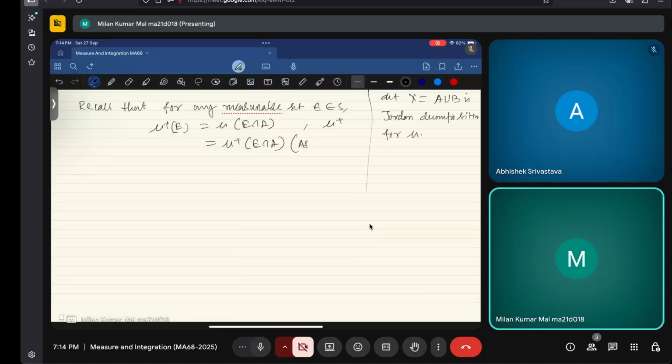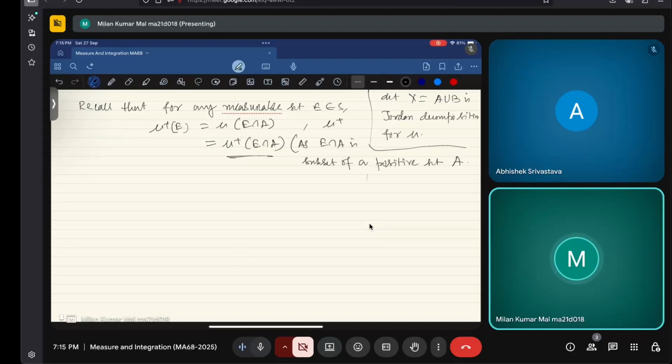As E intersection A is a subset of the positive set A. If one defines the measure mu this way, for any measurable set this is a positive measure, so there is no negative part. This is what it means.